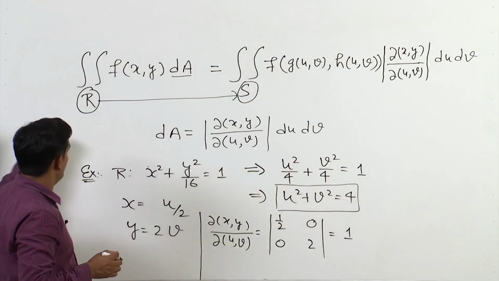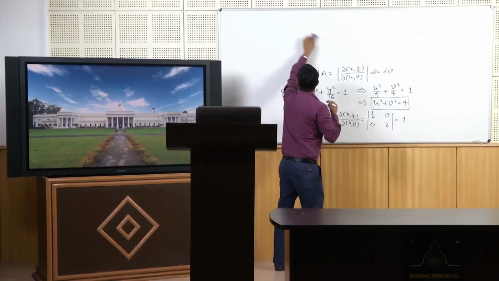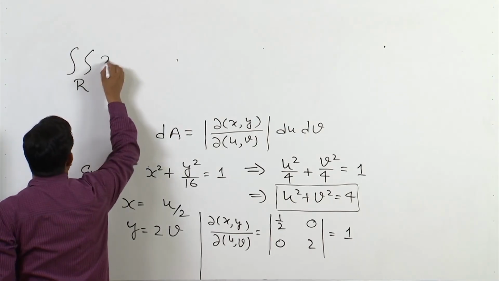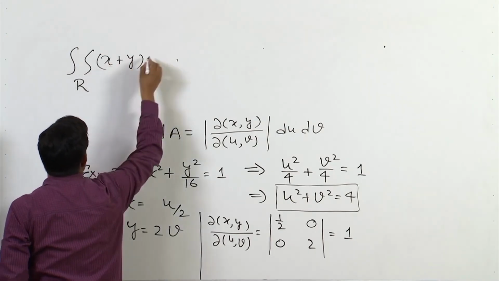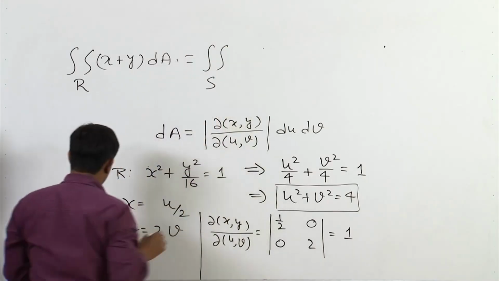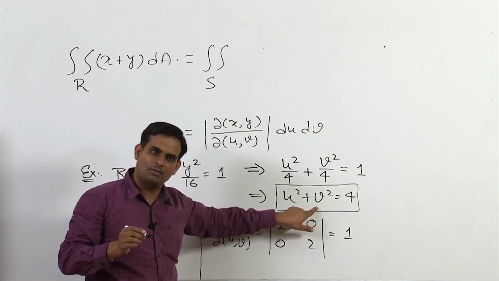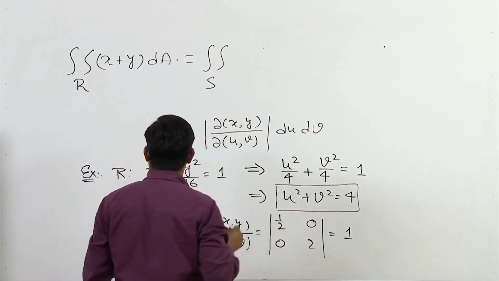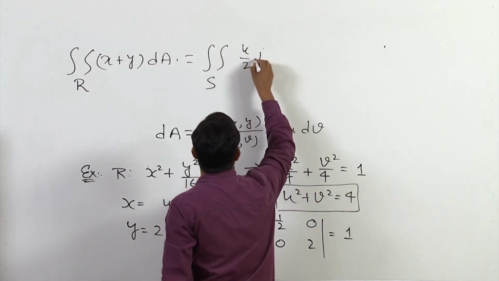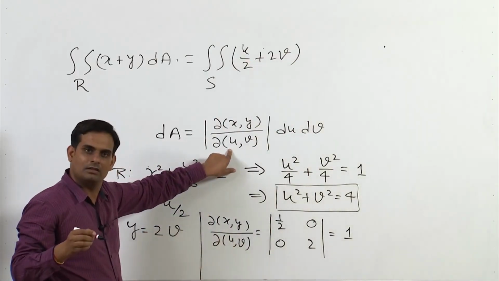So, if I am having a problem on this particular region, for example, if I am having an integral over R of, let us say, x plus y dA, now it will become S. So, R was an ellipse earlier, now this is a circle of radius 2 having center at the origin. x plus y will become u by 2 plus 2v, my Jacobian is 1.